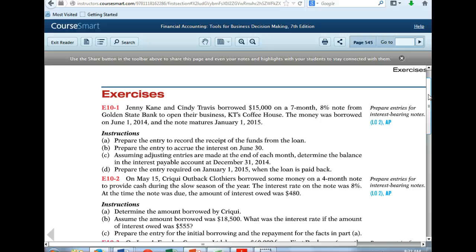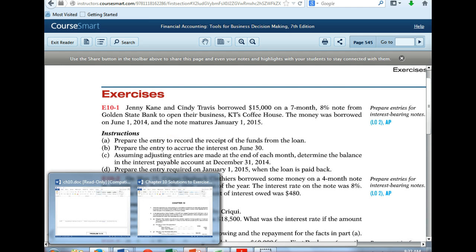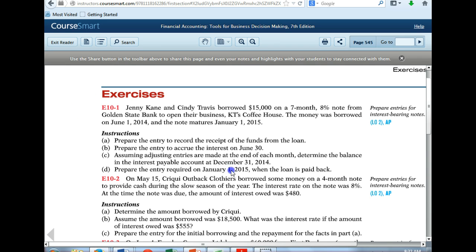We need to prepare the journal entry to record the receipt of the funds from the loan. How do you think we're going to do this, guys?